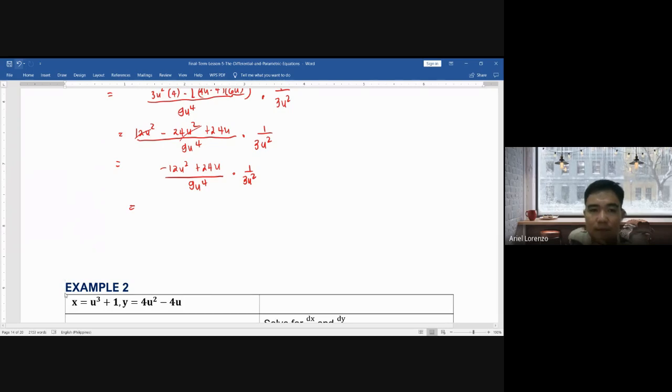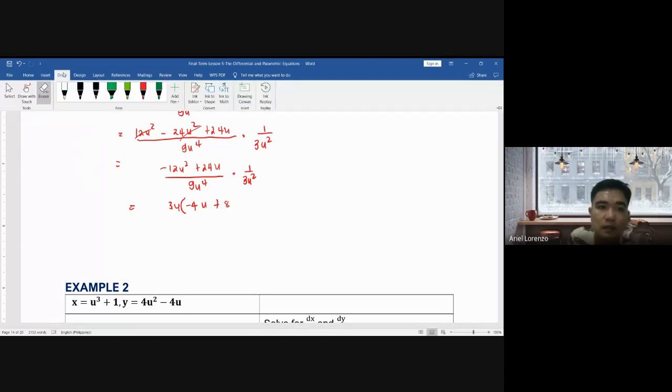So magiging 3 equals 3, 6, 4, negative 4u squared plus 24 divided by 3, 8. 8, pwede natin ilabas ang 3u. 8, makancel tong isang draw.